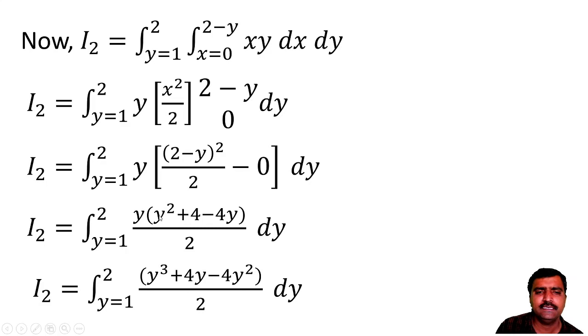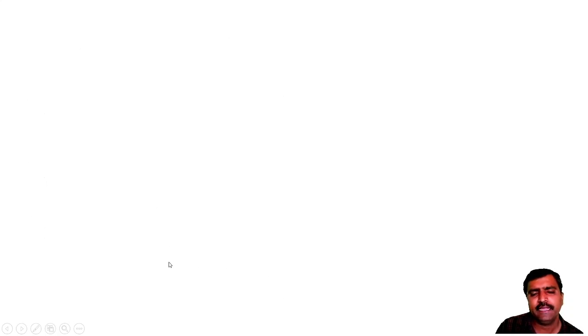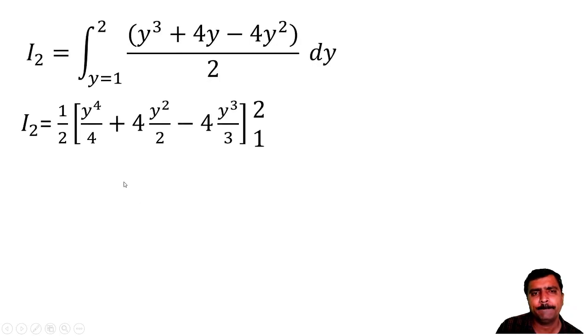So multiplying this with y, by taking 1 by 2 constant outside or keeping it in the denominator, it is y cube plus 4y minus 4y square into dy. Again integration of y cube is y to the power 4 by 4, plus integration of y is y square by 2, minus 4 into integration of y square is y cube by 3. Let's apply the limit, from 1 to 2.